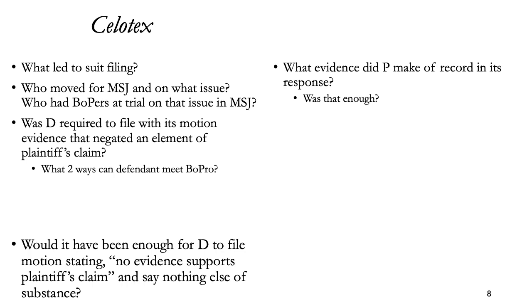So now, was the defendant required to file with its motion evidence that negated an element of the plaintiff's claims? This is where, look over on the Celotex case, at where it started the case. It's the very first full paragraph.